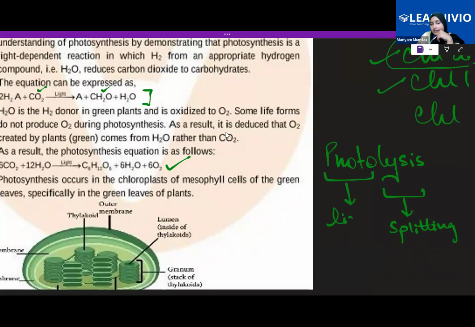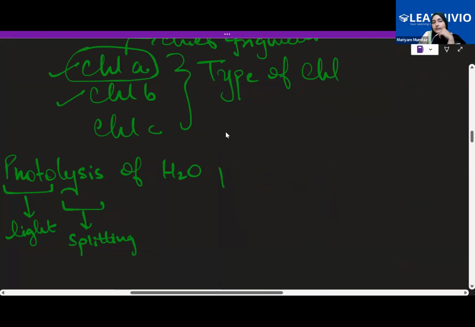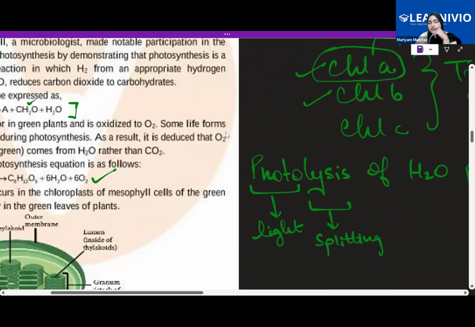So the splitting of any molecule in the presence of light is called photolysis. So photolysis of H2O produces O2. Clear? This is something you must always remember.